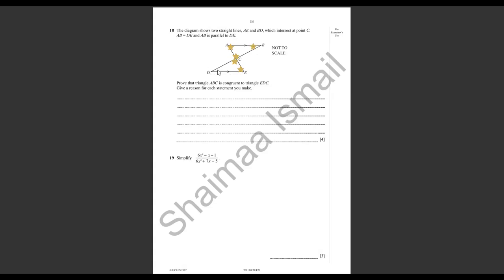So we can prove it. He also gave you in the diagram AB equal to DE in length. So we can prove it also by angle, side, angle about these opposites. We can prove these two angles and this side.